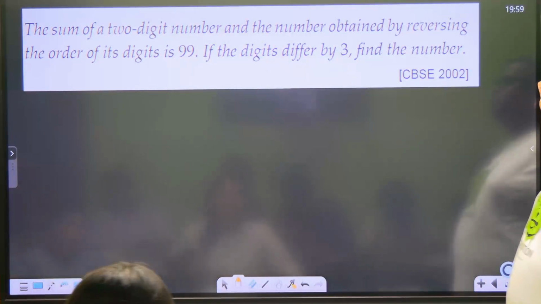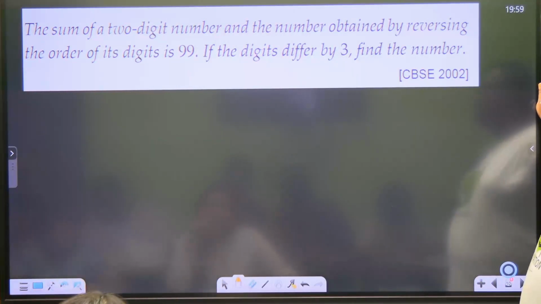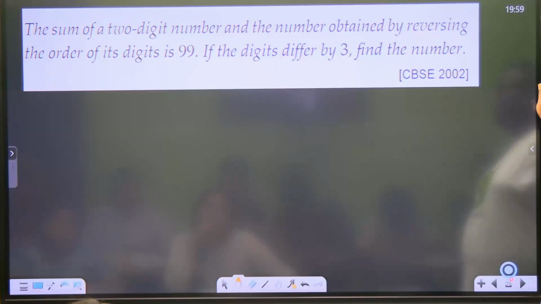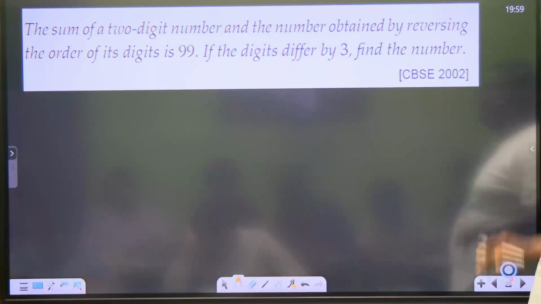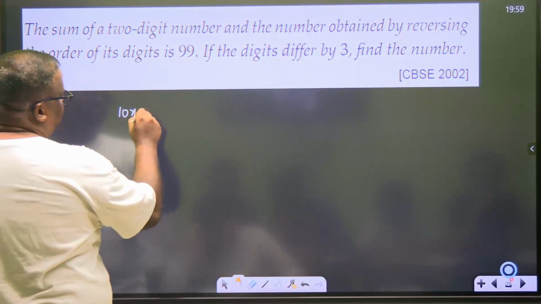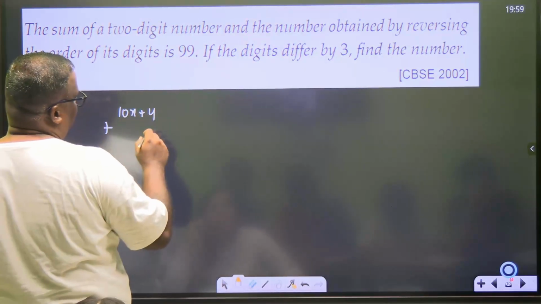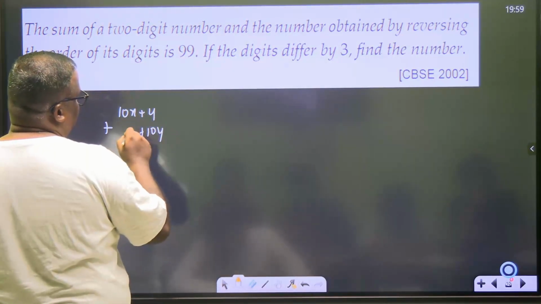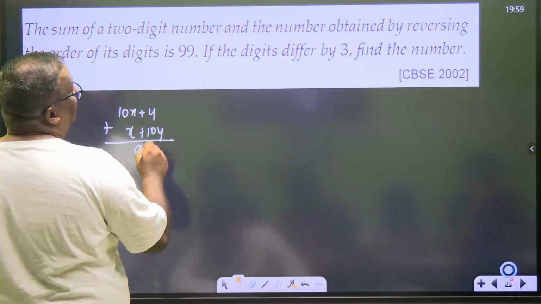This one: sum of a 2-digit number and the number obtained by reversing the order of the digits. That means 10x plus y plus 10y plus x is 99.